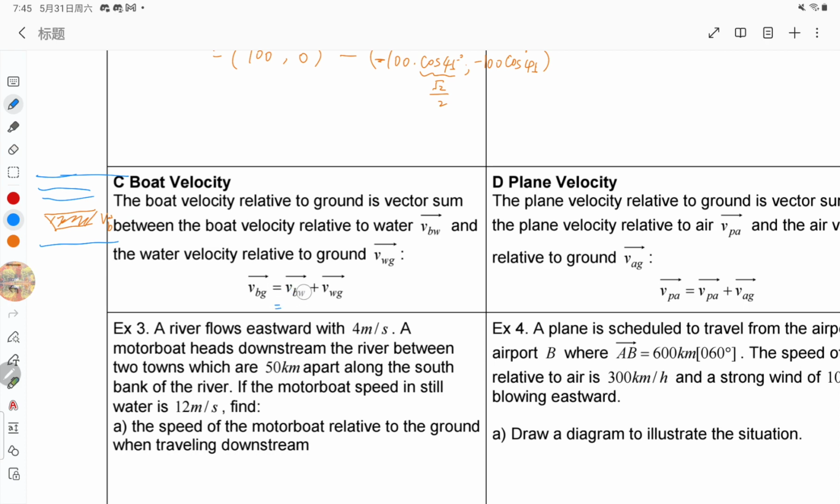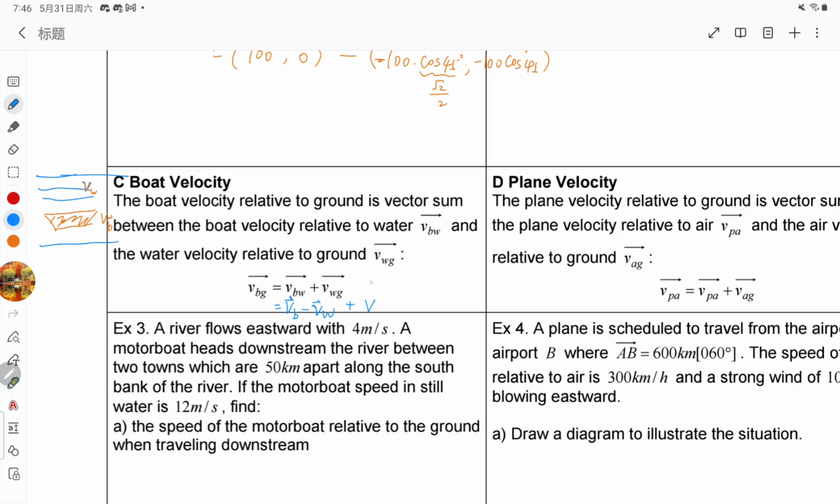So vw means velocity, sorry, this is the velocity of the boat relative to the water. So the water has vw, okay? And then I can just expand this as vb minus vw, so know that it's a vector, right? So vb minus vw, and then plus the velocity of water relative to the ground.